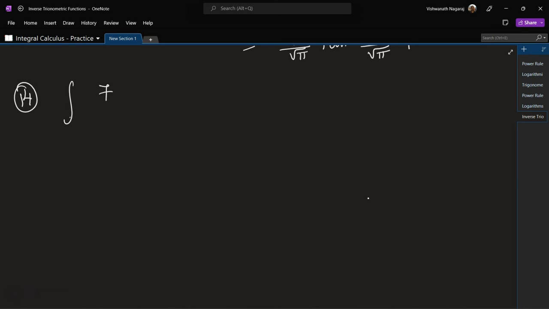Integral of 7 by x times square root of x square minus 5. So here 5 we have to take it out, right? So let's take 7, and in the denominator let's take square root of 5 out.